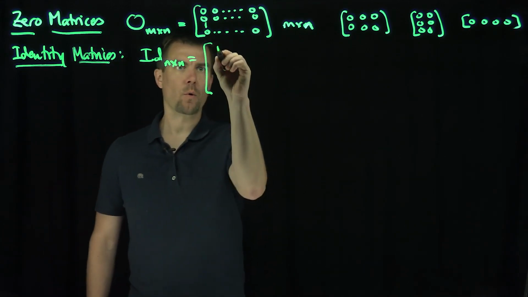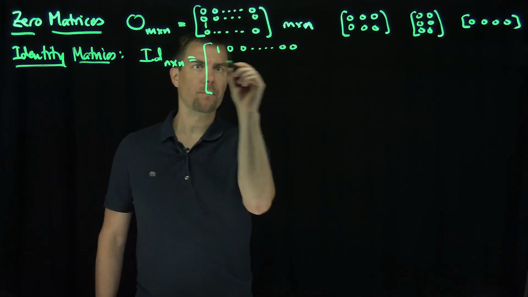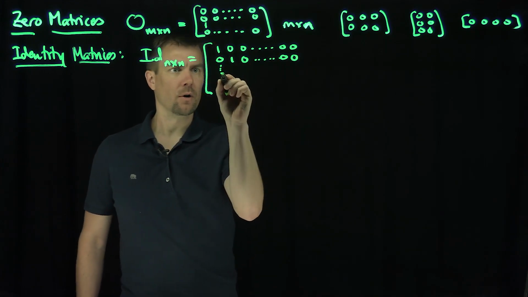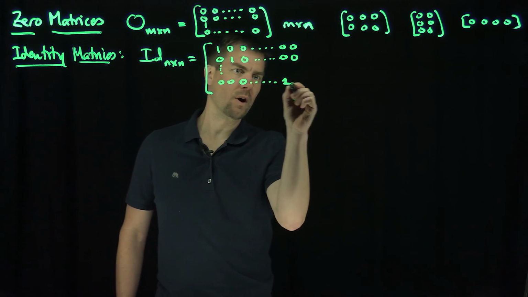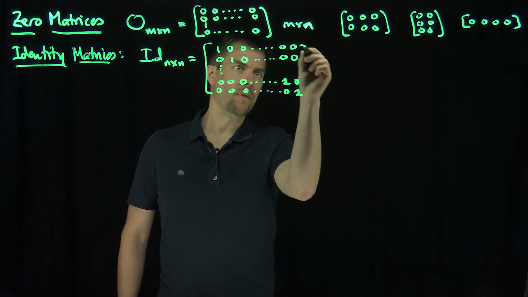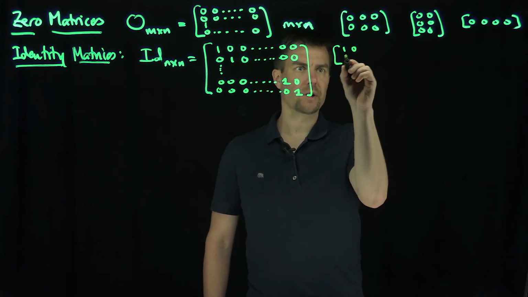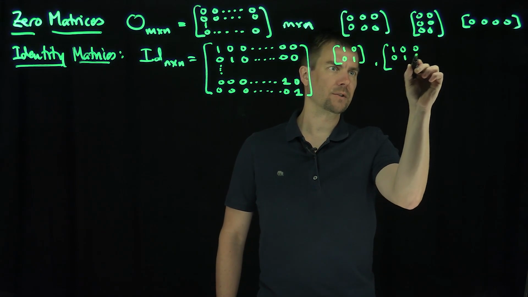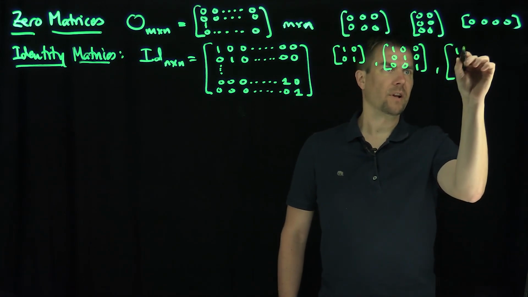This is going to be a matrix with 1, 0, 0, 0, then 0, 1, 0, 0, and so on, all the way down to a row of 0, 0, 0, 1, 0, and then 0, 0, 0, 0, 1. That's the n by n identity matrix. Examples of these matrices are the following. This one over here is a 2 by 2 identity matrix. Over here, this is a 3 by 3 identity matrix. We'll do one more. Here's a 4 by 4 identity matrix.